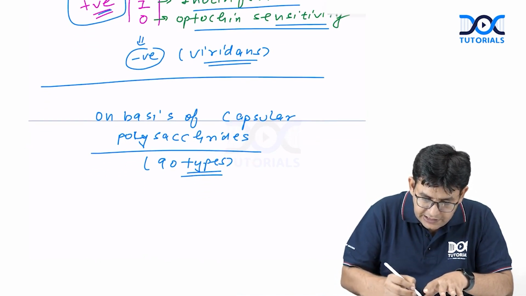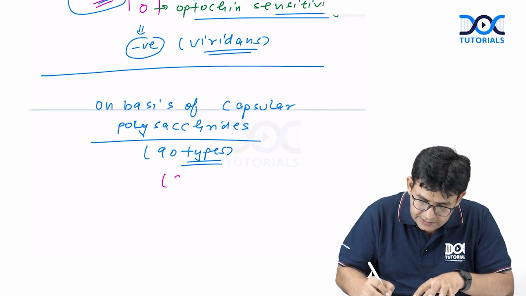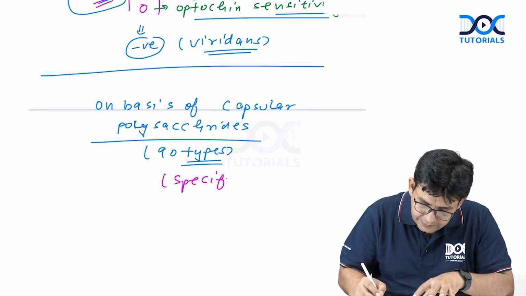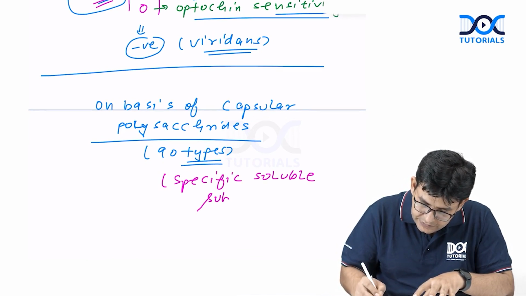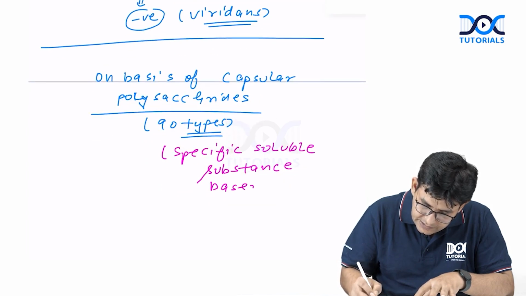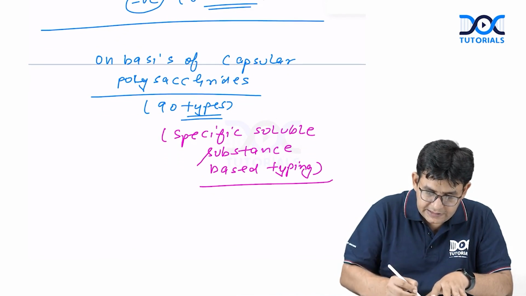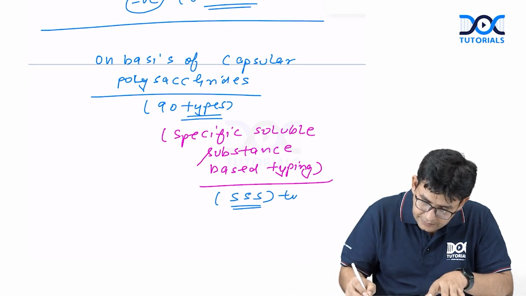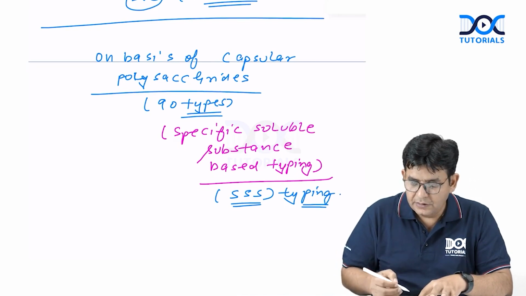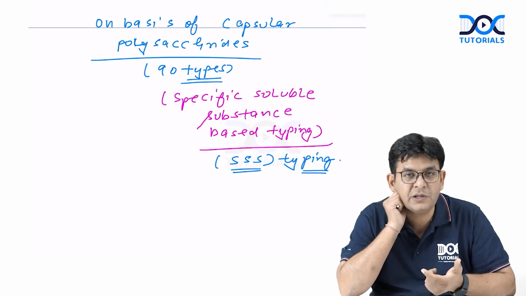And there is a special type of typing termed as triple S, specific soluble substance based typing, in short termed as triple S typing.